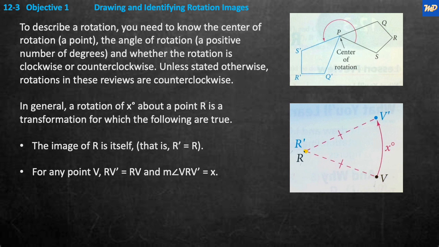We talk about any point V, and we're going to move V along this arc. As we move it, the distance from R to V, or R prime, which is the new position at any time, which is always itself, these distances are equal.